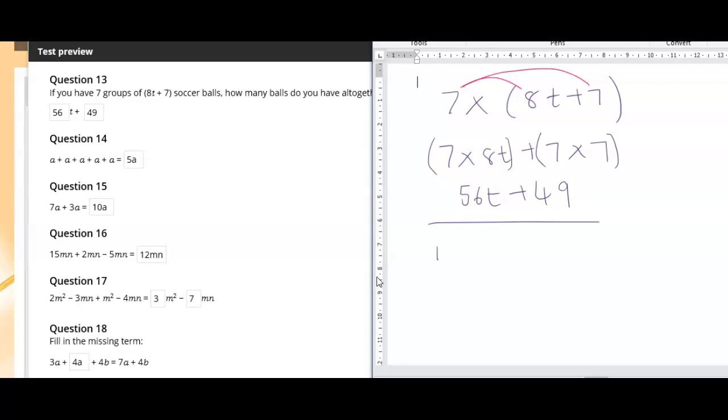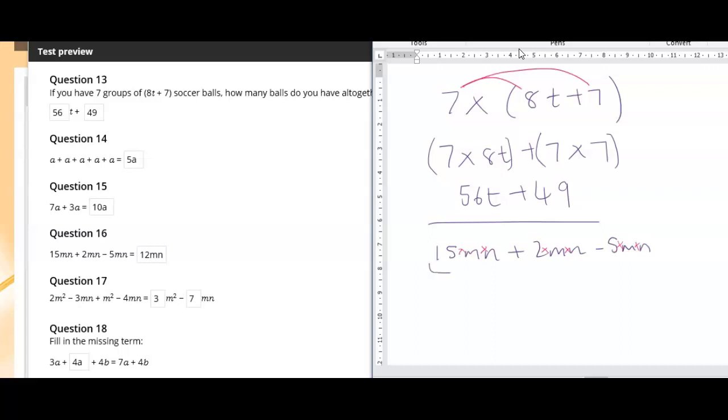So 15mn plus 2mn minus 5mn. Because these are all multiplying, you don't have to write this in, I'm just showing you, it means they're like terms. Okay, so remember, terms are only separated by a plus or a minus sign.